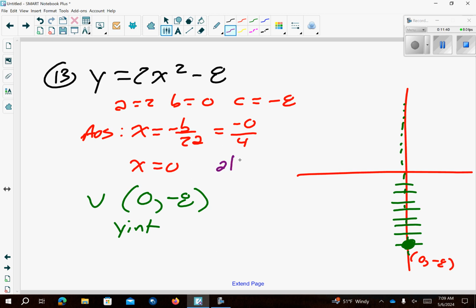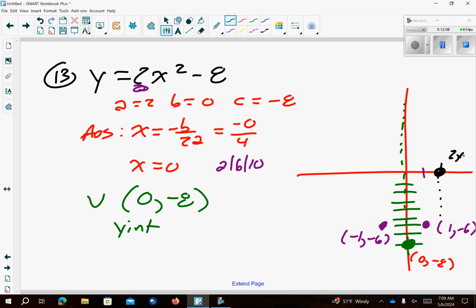Our pattern graph is going to be 2, 6, 10 because we need a double of 1, 3, 5 because of the 2 out there. So I'm going to go right 1, up 2. So that's going to take me to 1, comma, negative 6. Left 1, up 2. That takes me to negative 1, comma, negative 6. And then I'm going to go right 1, up 6. 1, 2, 3, 4, 5, 6.